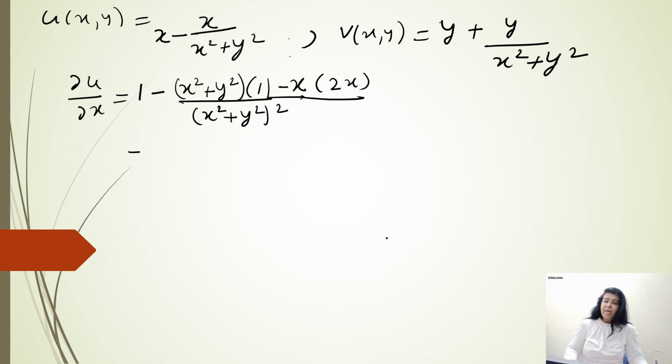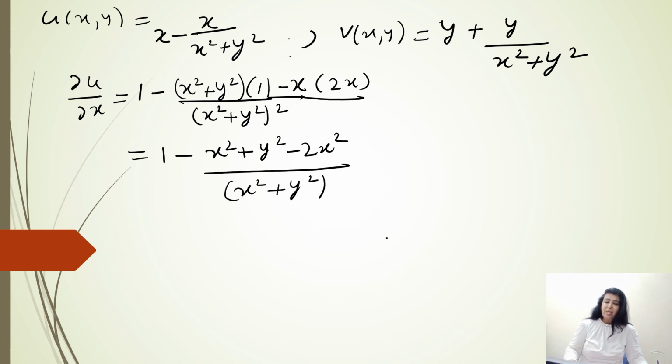So what you will get is 1 minus [x square plus y square minus 2x square] divided by (x square plus y square) whole square, which is equal to 1 minus (y square minus x square) divided by (x square plus y square) whole square.